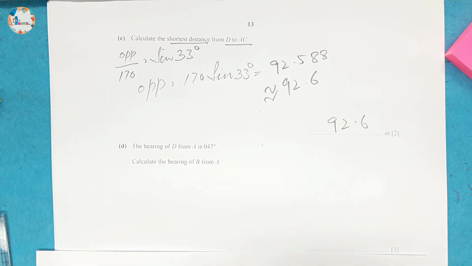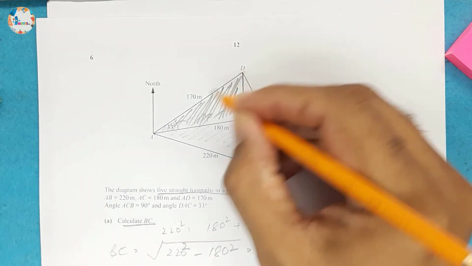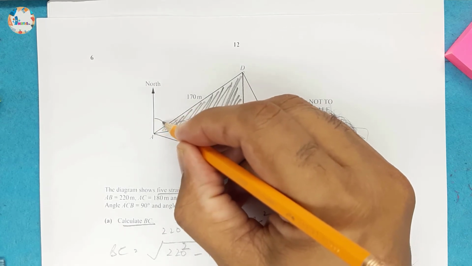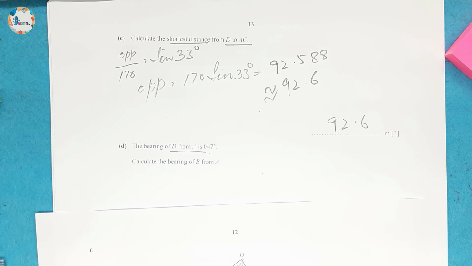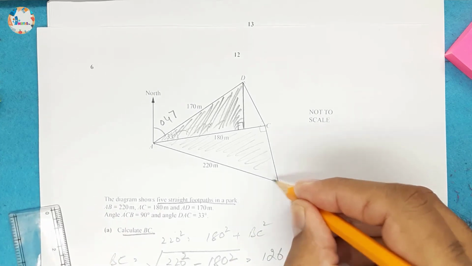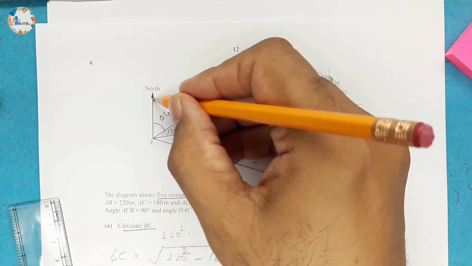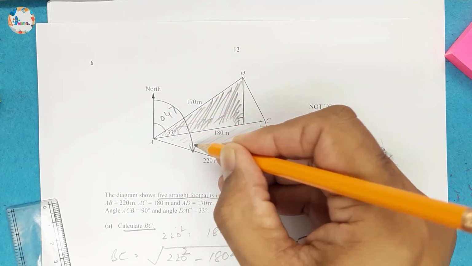Then the bearing of D from A is 047. Bearing of this one from A is 047, and calculate the bearing of B from A. Basically we require this complete angle up to this one.